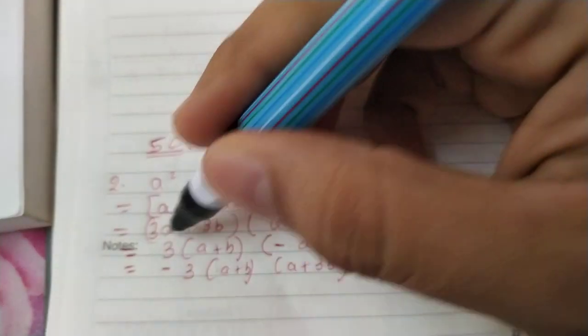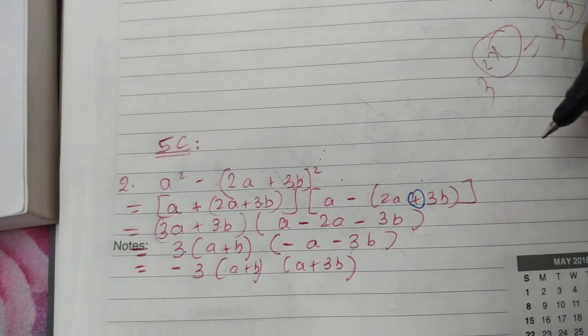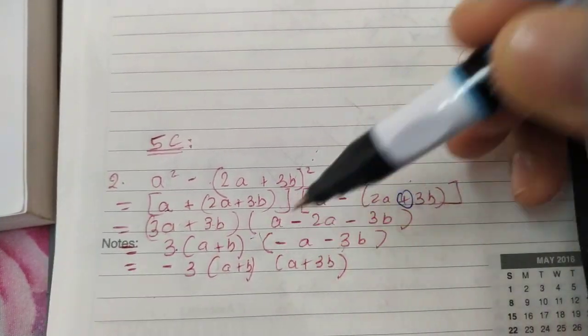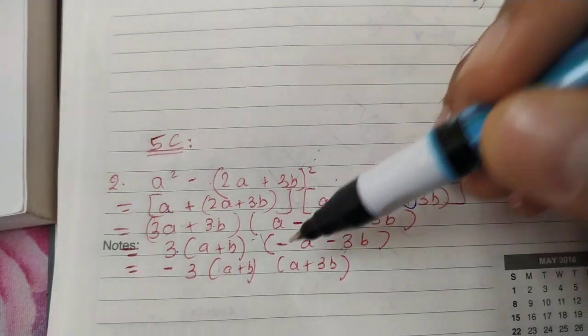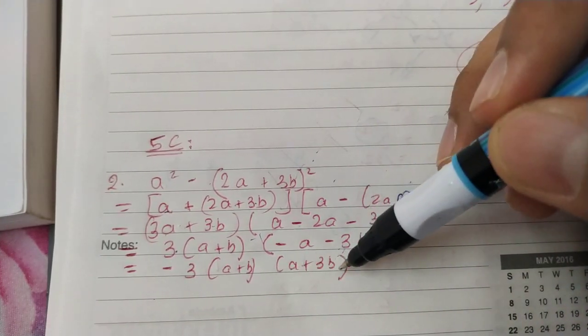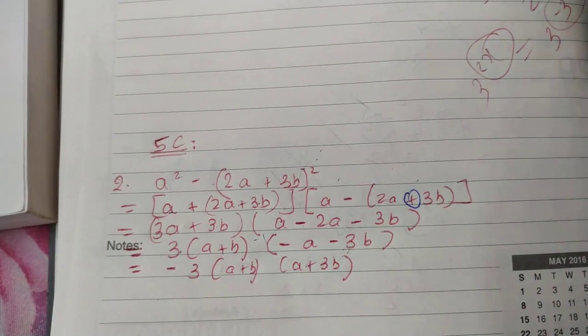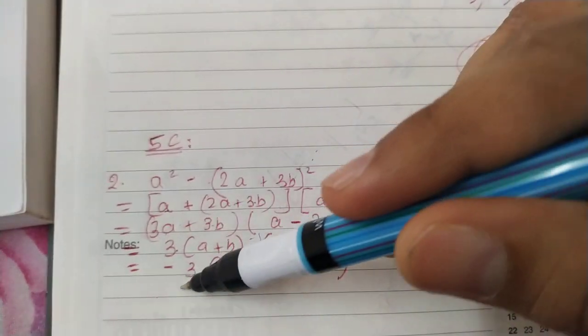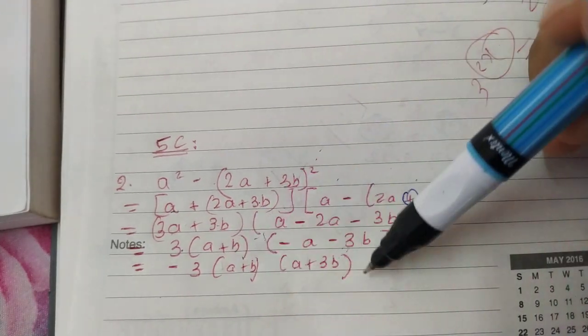Now 3 can be taken out common, so do that. And here the negative sign can be taken out, so take out minus 1 common, so that only positive signs remain inside the bracket. When you remove the minus 1 out common, shift it to the beginning, and 3 into minus 1 is minus 3. So this is the final answer.